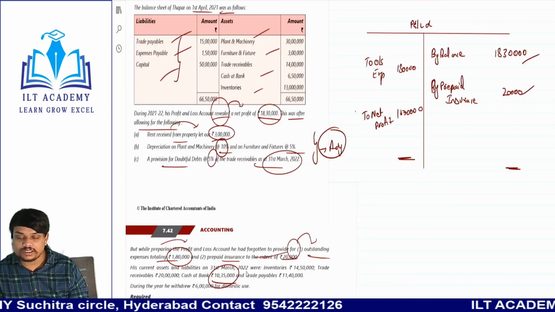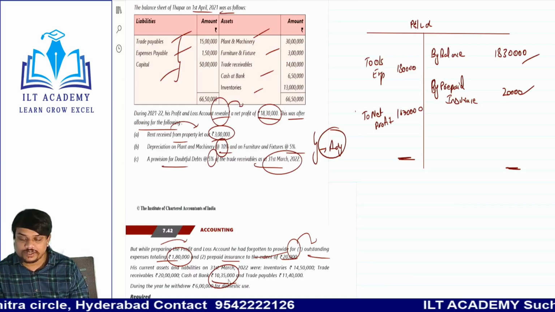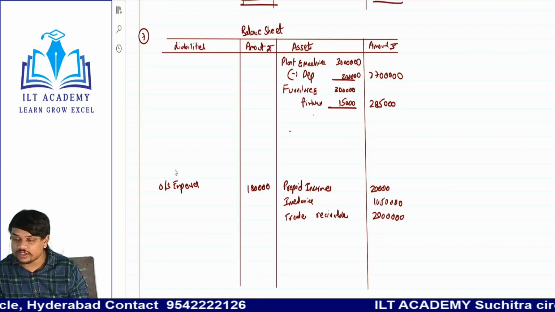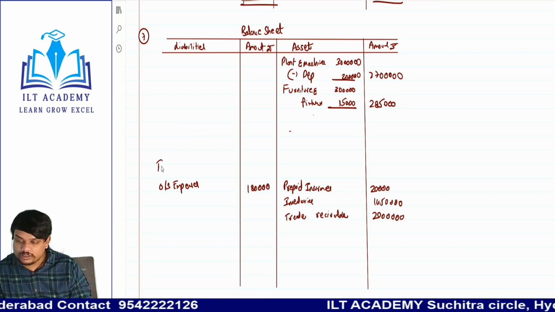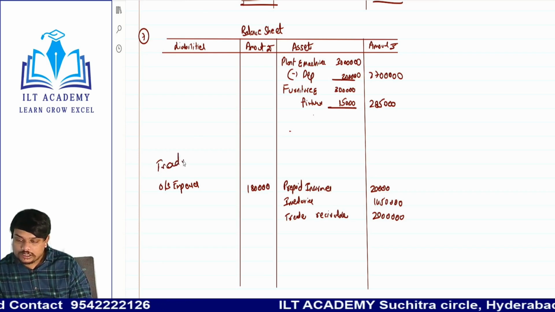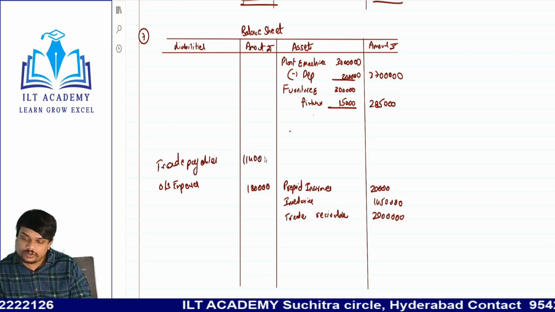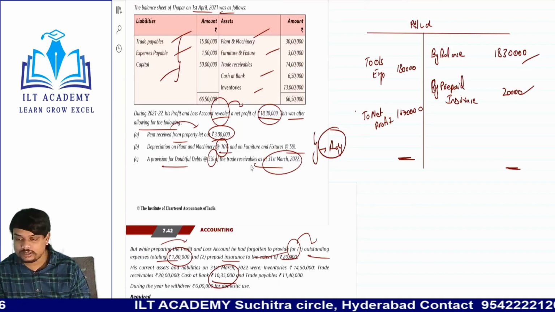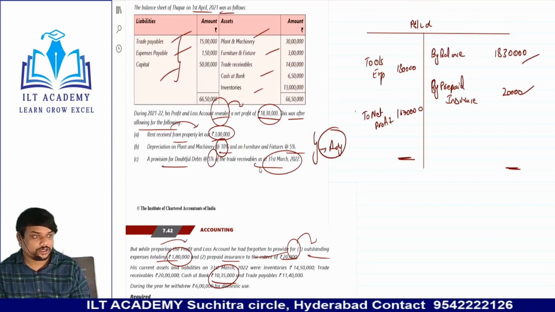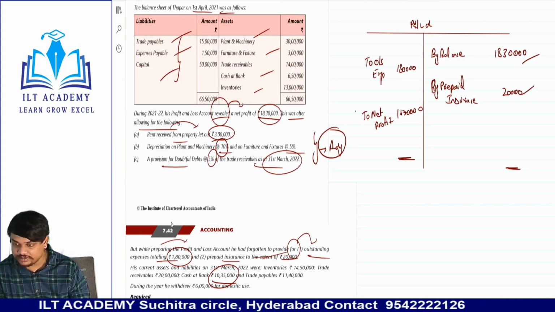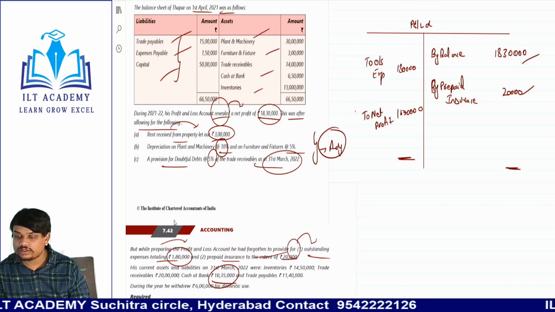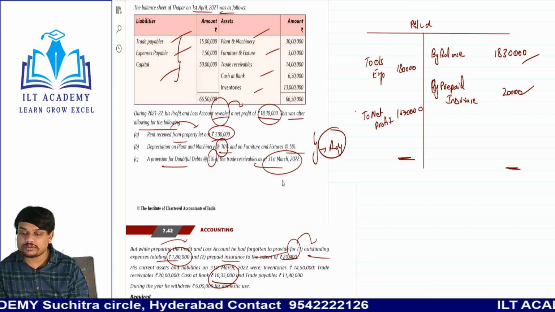अभी not required. Trade receivables है ना already. Closing balance दे दिया. Asset bank दे दिया. Trade payables 11,40,000. Let me check once. As at 31st March 2020.